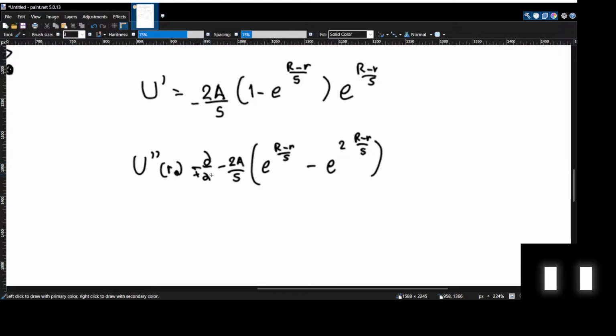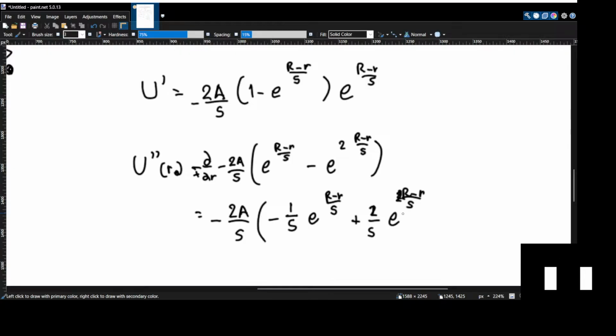And you take the partial derivative with respect to r. So we'll end up with negative 2a over s, and then in here we're going to have a negative 1 over s e to the R minus r over s. This one's going to be plus 2 over s e to the 2R minus r over s. The 2 here is not supposed to be up there. The 2 here should be multiplying the whole function.